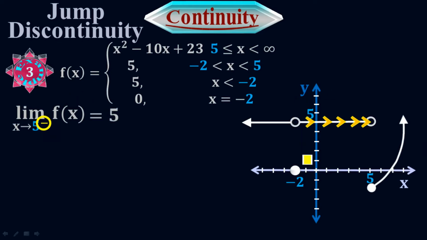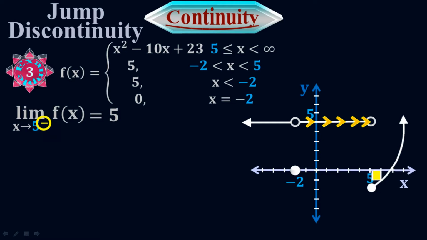We have already done this in piecewise equations, so I'm not going to go in depth again. 4.9999 is approximately equal to 5.